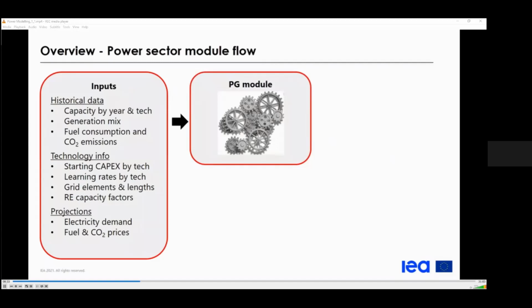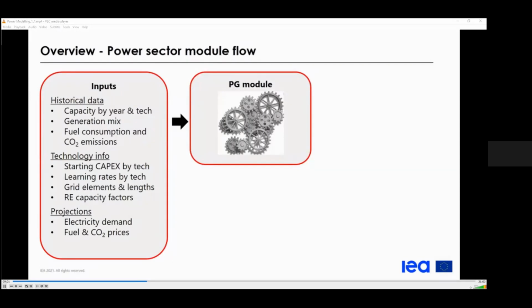On top of that, each technology has different features. The cost, the capex of each technology, will be quite important to drive our module. We have also learning rates, which will make this cost evolve over time as we have learning by doing. We need some grid elements, such as the length of the line, and also capacity factors.